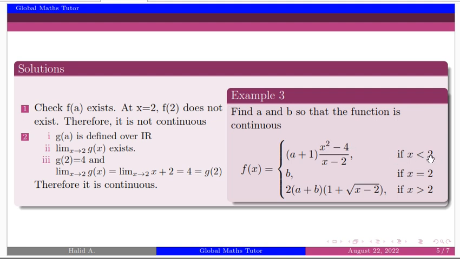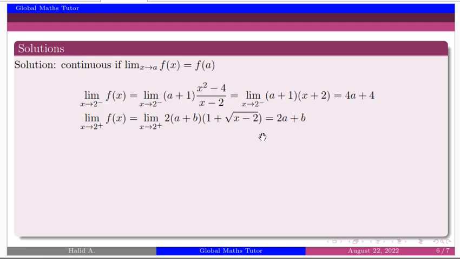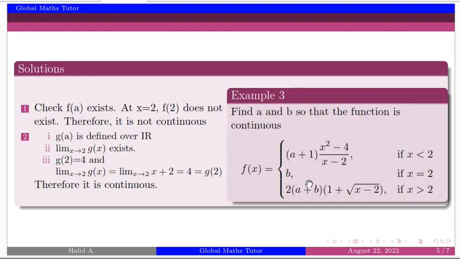Since for x less than 2, from the negative side, we have this function, x squared minus 4 is, as we did before, x plus 2 times x minus 2, so it gives a plus 1 times x minus 2 cancelled out by x minus 2, and it gives x plus 2. So the limit will be the same as substituting 2 here, it gives 4 times a plus 1, so 4a plus 4.